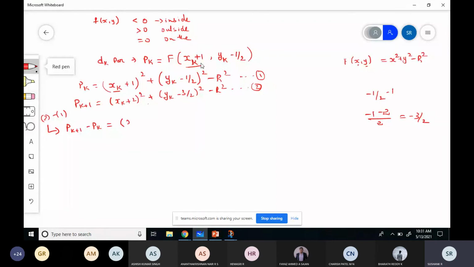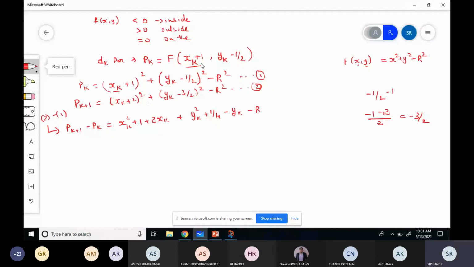But for your understanding, I'll explain this and expand it directly. Xk is there. (a plus b) the whole square: xk square plus 1 plus 2 times xk. This term is expanded. Plus yk square plus (1 by 2) the whole square will be 1 by 4, minus 2 times half into 2 times yk.